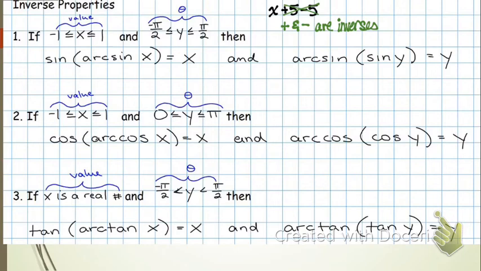What about if I had 3x divided by 3? What happens? It's just x, because multiplication and division are inverses.